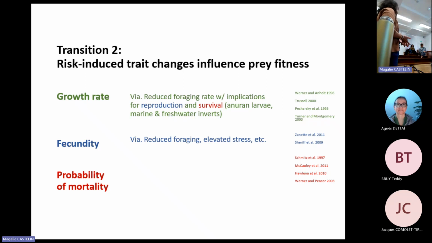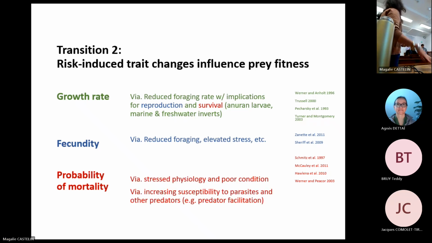Fecundity changes via reduced foraging again, or elevated stress, right? Too much stress because of the predator, and you don't produce as many babies. Probability of mortality changes via stress, poor condition, or increased susceptibility to parasites and other predators. Right? These are the mechanisms by which transition 2 works.